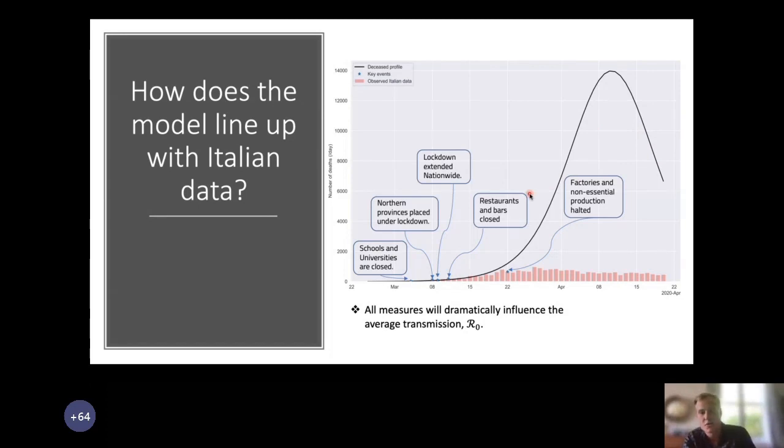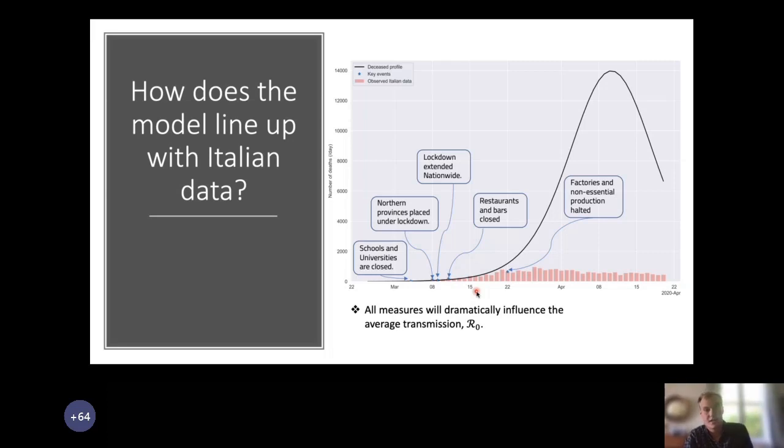But obviously that's not the whole story, because the government in Italy are implementing measures. They're closing universities, they're locking down the provinces, and then a nationwide lockdown, and then the restaurants and bars are closing, etc. And what's going to change is the average transmission, because the average transmission depends on how many contacts people have, and that's going to decrease dramatically each time these measures are introduced.